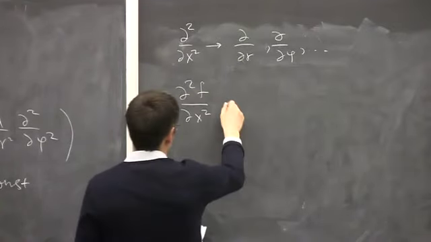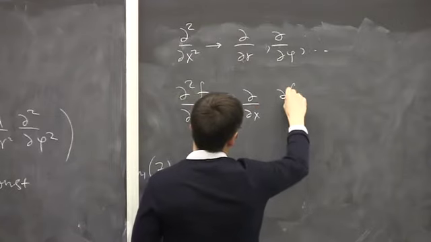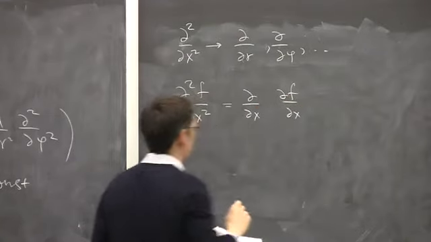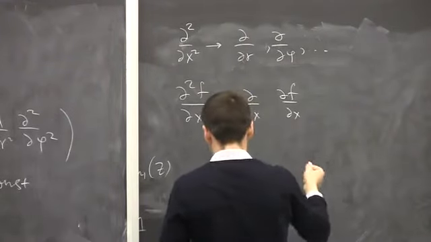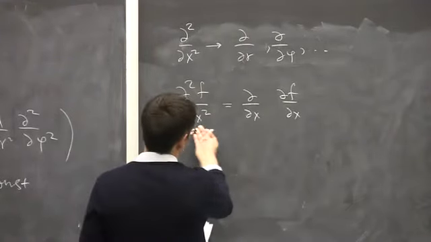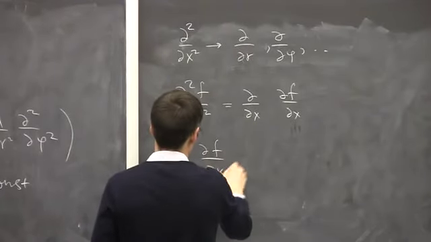And this is, you need to differentiate the function twice with respect to x. Now, in order to know what this is, you need to first know what df over dx is.